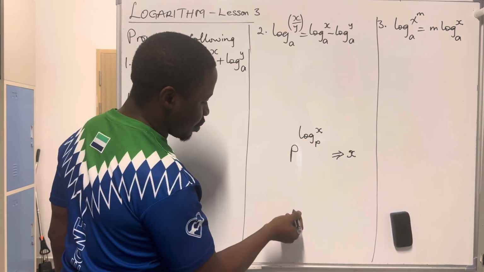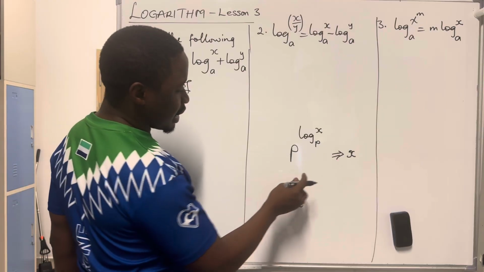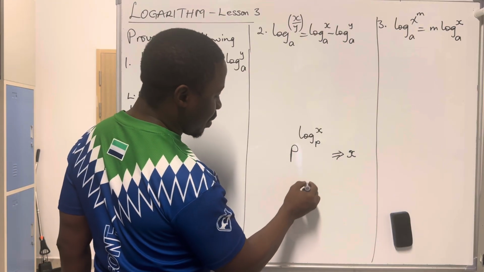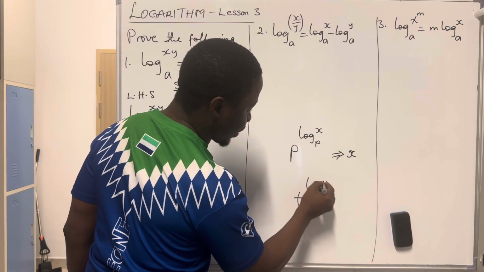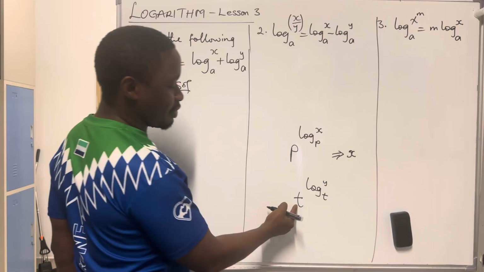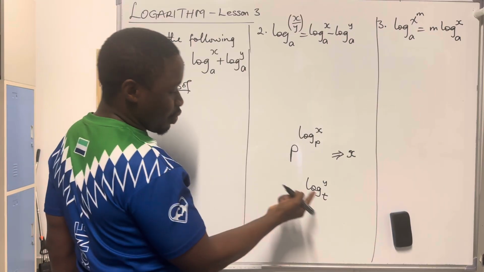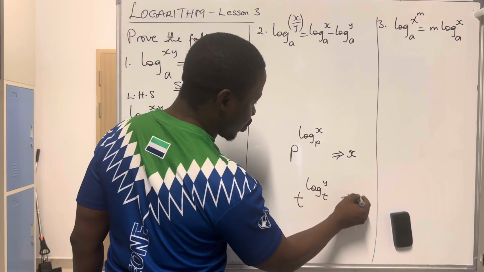Now let's say again, we have t raised to a power, but the power is a log. This log has a number and a base, but the base is the same as the original base here. When this happens, what is all of this equal to? It is equal to this y.